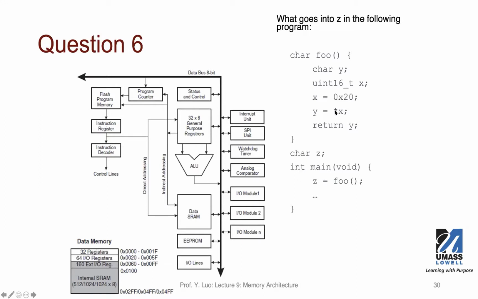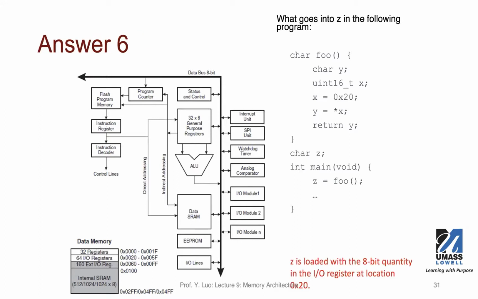So we're actually reading something from that location, putting the value that you read from the address 20 into Y, and then returning Y. Right, so that's what we do exactly. So we're going to load the value from the IO register at location 20 and put the value into Z.